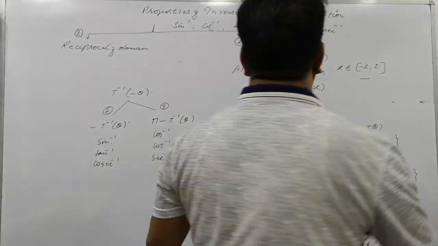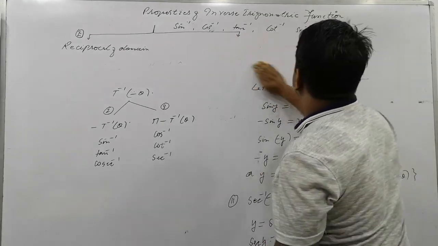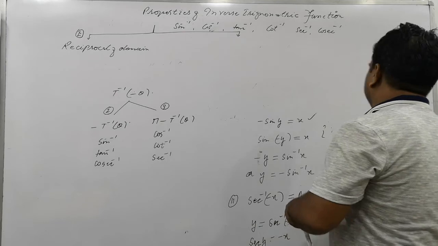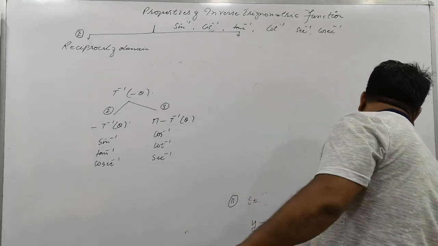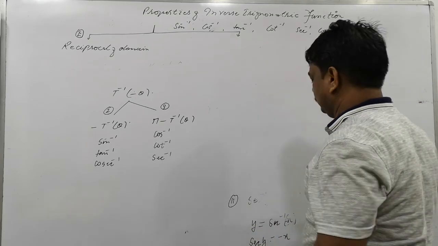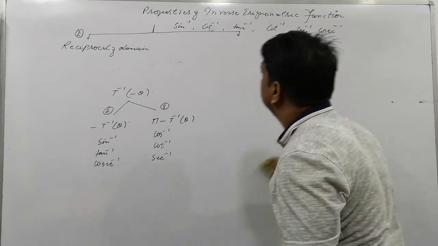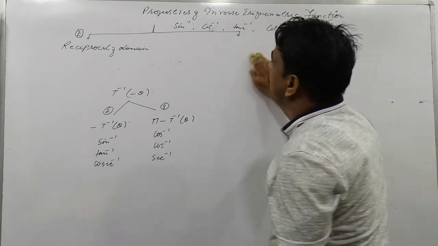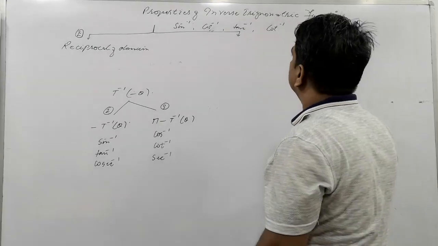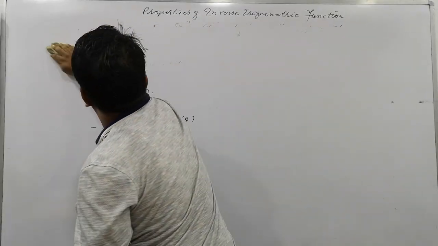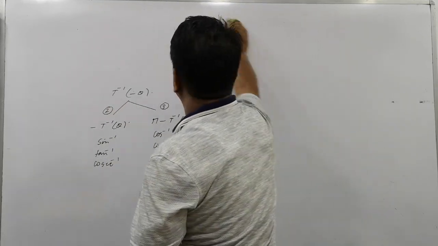Properties of inverse trigonometrical functions we are discussing. Negativism, negative of the domain. What is the 3rd property of trigonometrical function? This you'll remember.